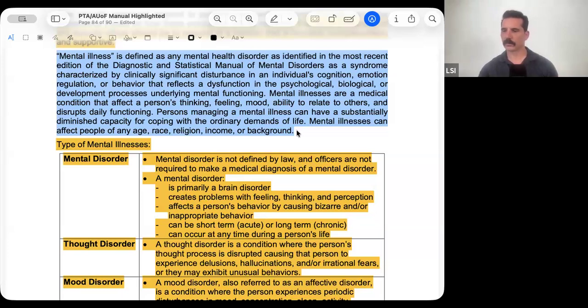Mental illnesses are a medical condition that affect a person's thinking, feeling, mood, ability to relate to others, and disrupt daily functioning. Persons managing a mental illness can have a substantially diminished capacity for coping with the ordinary demands of life. Mental illnesses can affect people of any age, race, religion, income, or background.